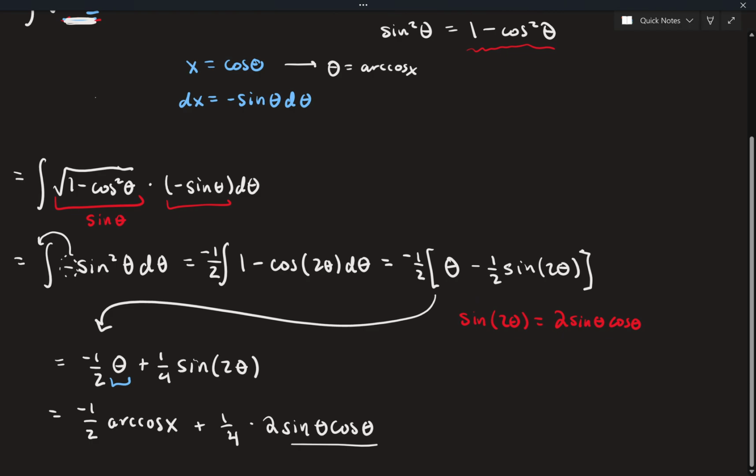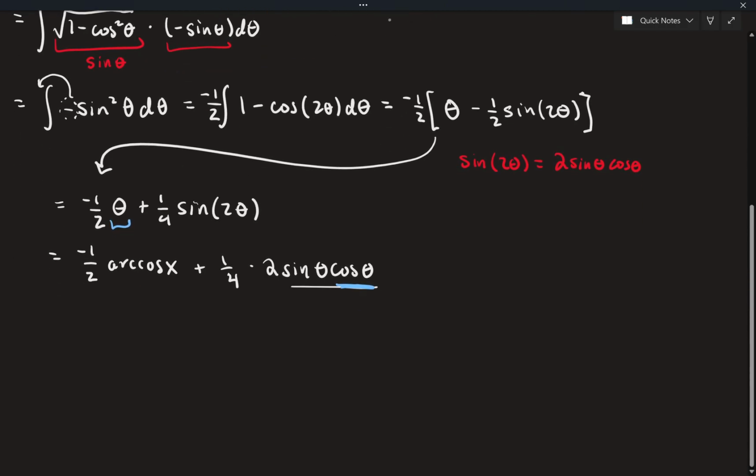So sine theta, cosine theta is easy. Cosine theta just turns into x. So I'm gonna change that, and then we'll talk about sine. I get negative 1/2 arc cosine x plus 1/2 times cosine theta is x sine theta, and now I got to figure out what sine theta is.